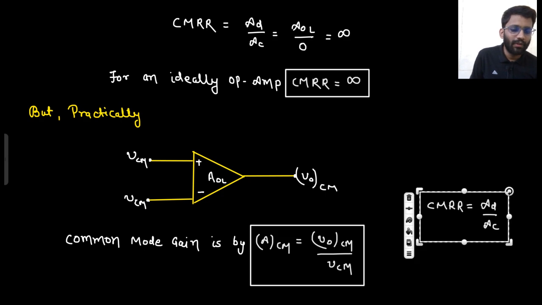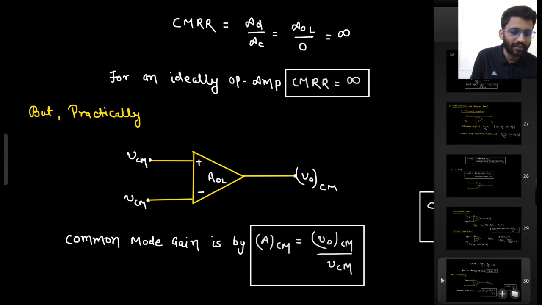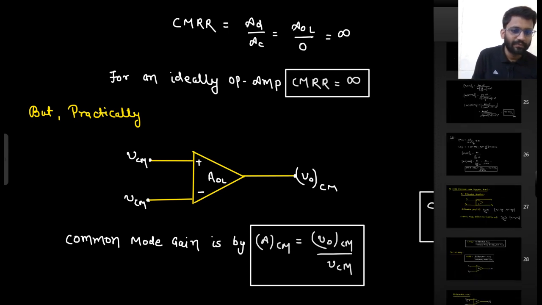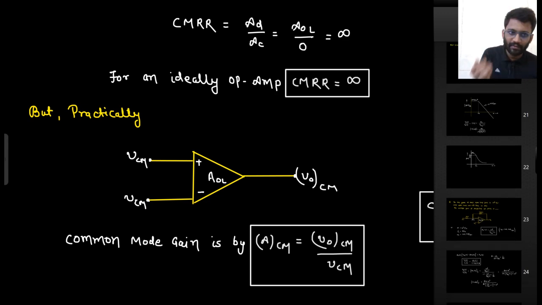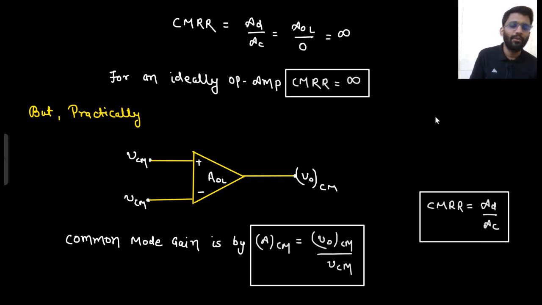So, how do you usually write your OpAmp output? If I have a page where I can discuss it, let's discuss it here only. How do you usually write your OpAmp output? Like this is your OpAmp. You apply V1, you apply some voltage and you get some output, right?